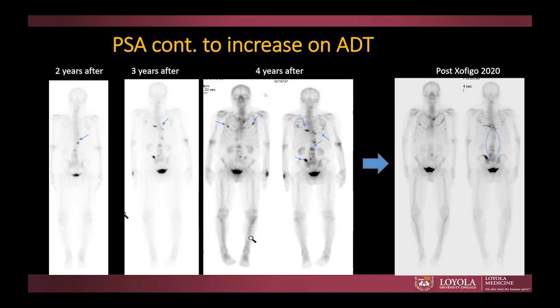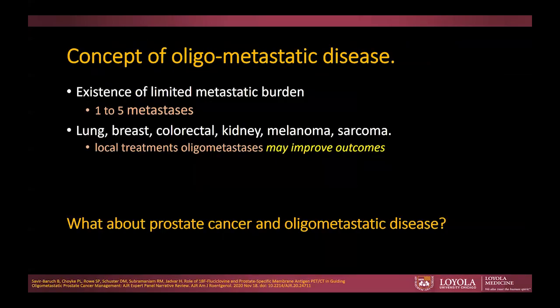I treated him, and the post-Xofigo bone scan is shown on the right side, and you can actually see that his disease sites significantly decreased. So in 2016 he was presented to us, and now we are in 2020, and he is still very functional and doing very well in terms of quality of life.